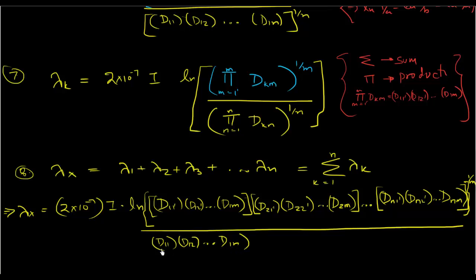So we're going to have that, and this is going to be all the way to your conductor N, so on till conductor N raised to the power 1 by n.